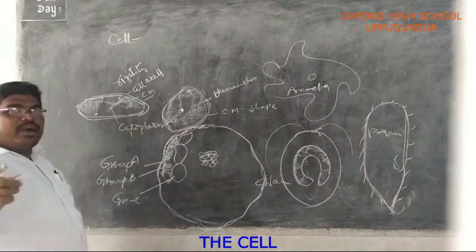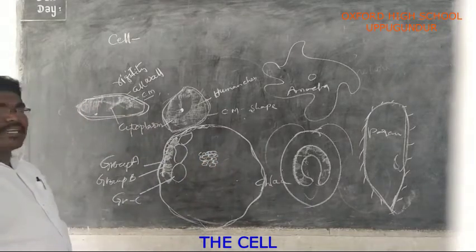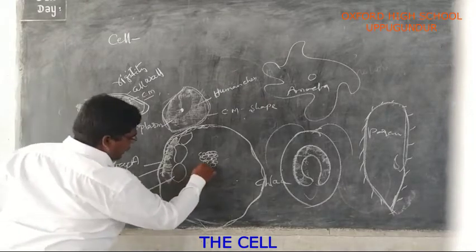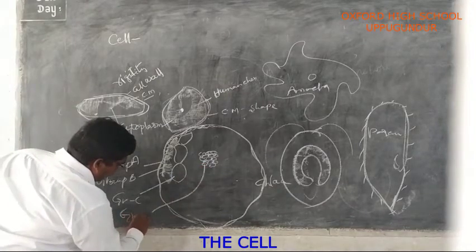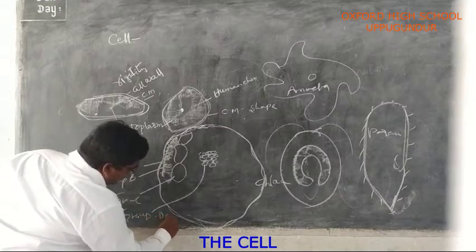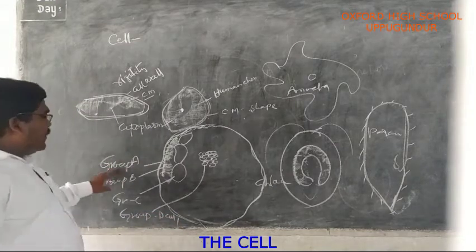Dear students, you can follow your textbook. There is a diagram. So these are group D cells.